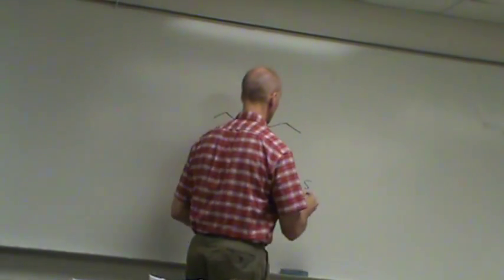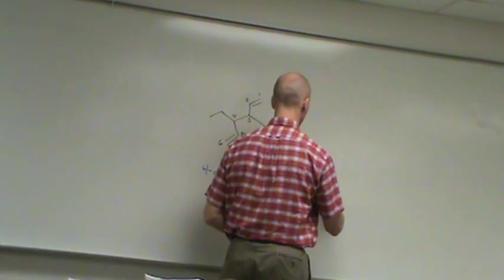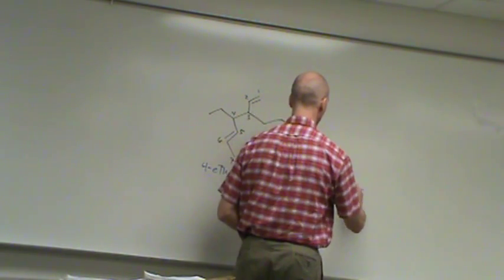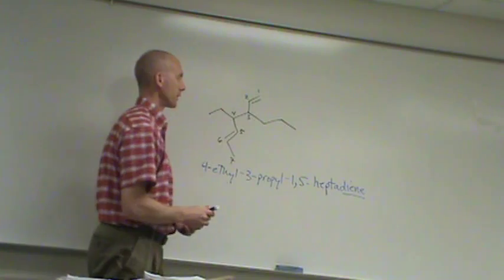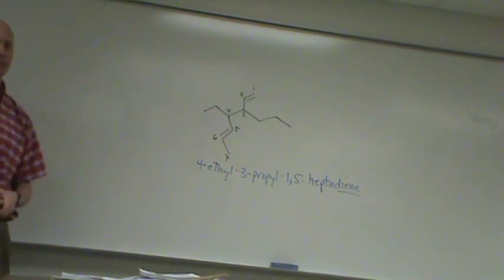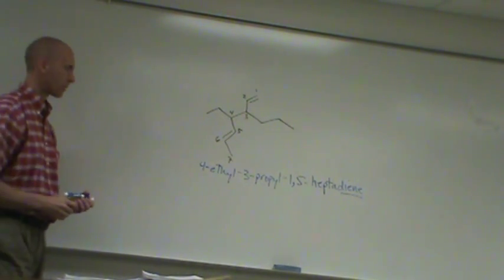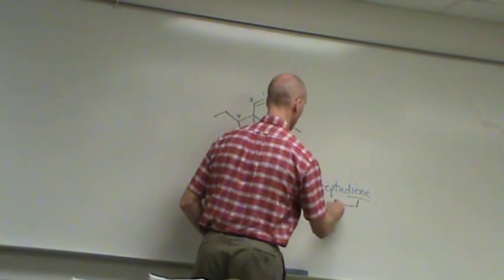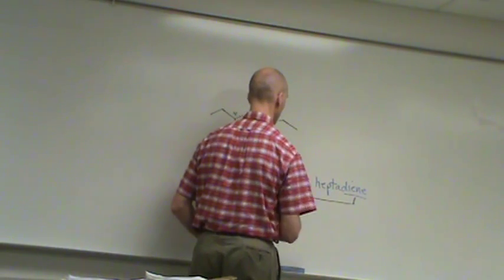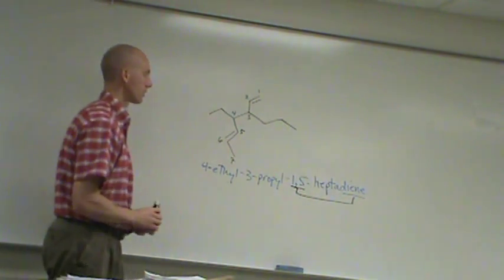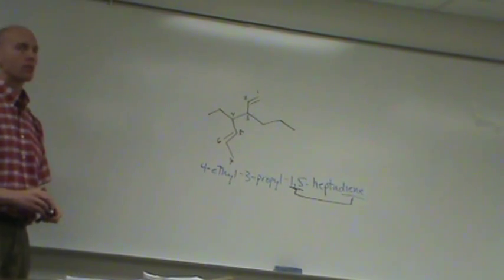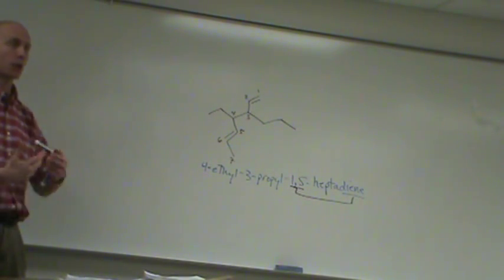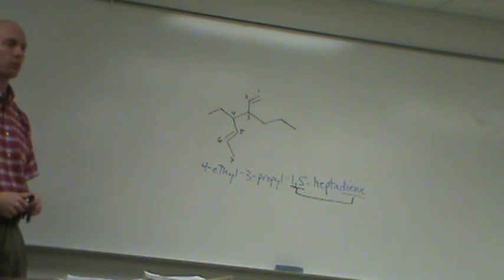See? Okay. So 2 double bonds. I have a diene. Okay. So a diene, if I have a diene, I better have 2 numbers in front. Questions on that? Okay, so you can have a diene, a triene, and so on.